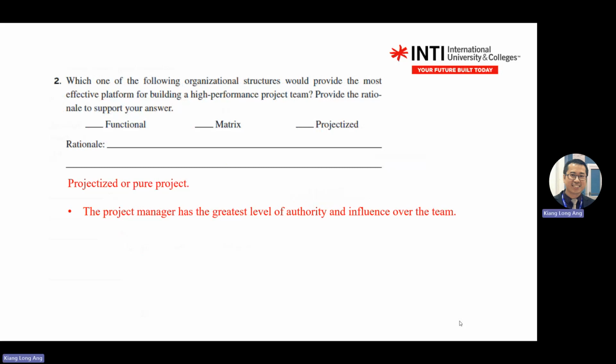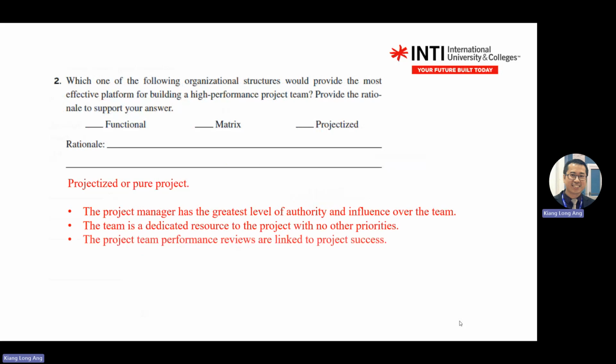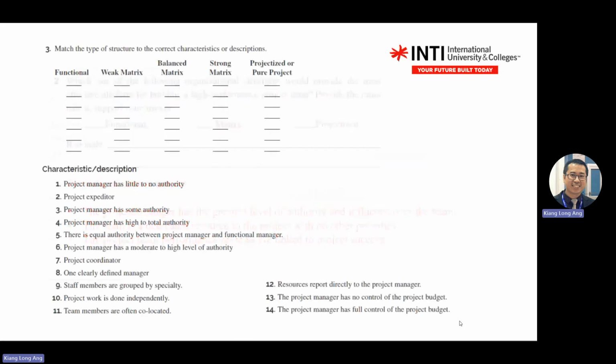If it's a traditional or classic one, it is a functional manager. In matrix, both. It depends on negotiation because they are at the same level. The project manager and the functional manager are at the same level, so you have to negotiate based on your skill. Okay. Team dedicated and so on. So these are the few reasons.